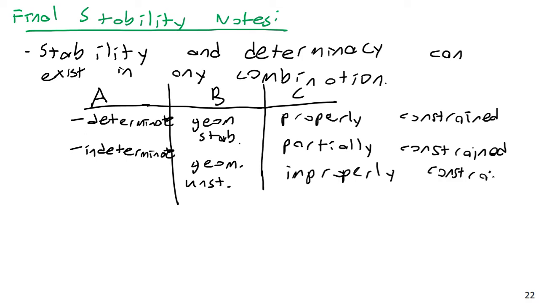And really, frames can be classified according to these 3 criteria. It's really just to pick one from each column. So something can't be both geometrically stable and geometrically unstable. It can't be determinate and indeterminate. You have to pick one from each column. But you can pick whatever you want from each column, or maybe not whatever you want, but a frame can end up with almost any combination of these, maybe with a few exceptions, but generally you can end up with almost any combination.